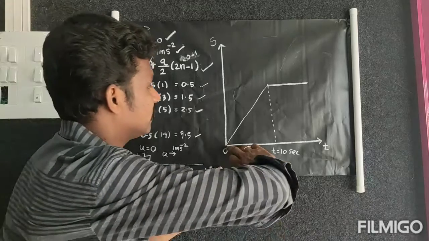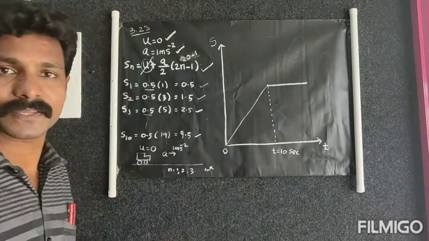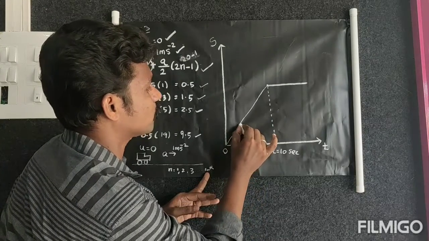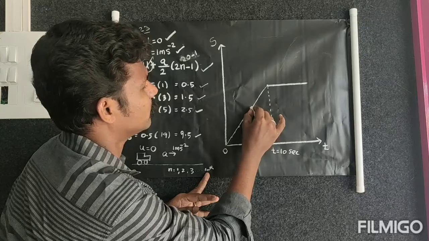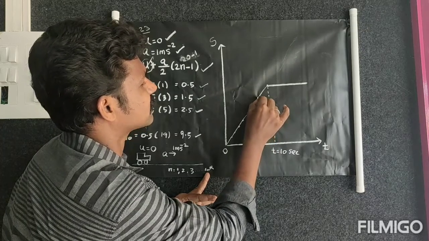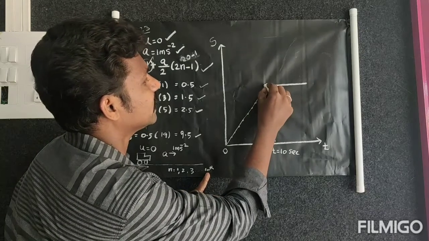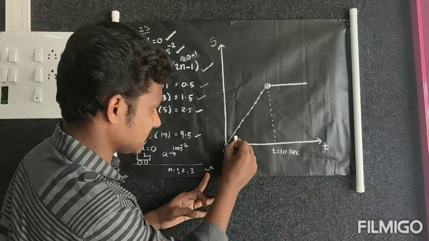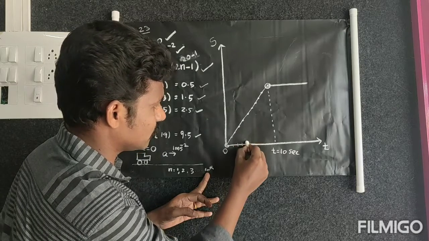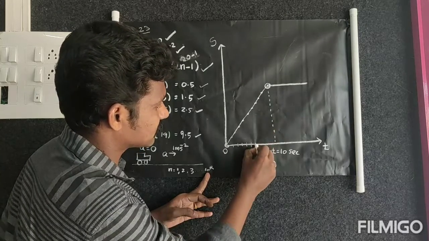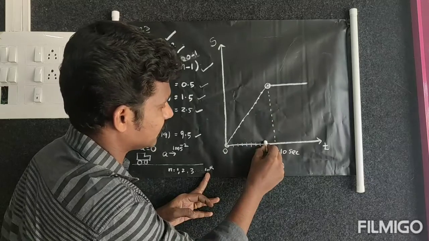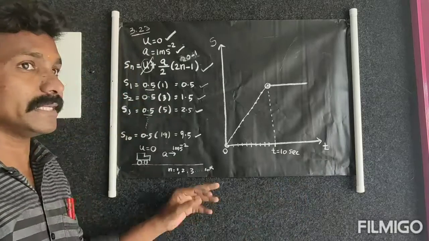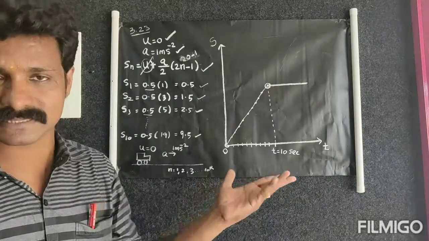So it should be a straight line, uniform, starting from 0. First second, second, third, fourth, fifth, sixth, seventh, eighth, ninth, and the last one, the 10th second. So we get this kind of graph.